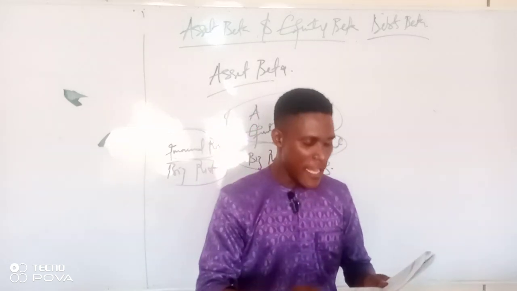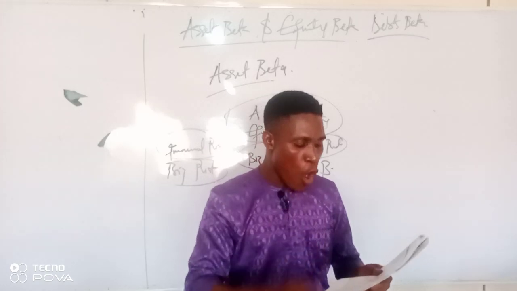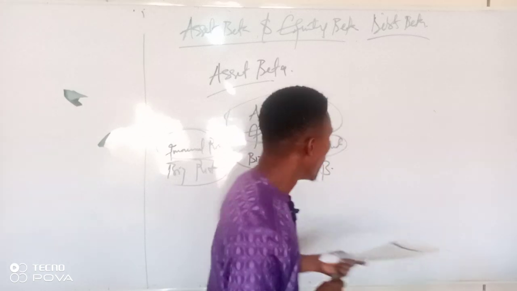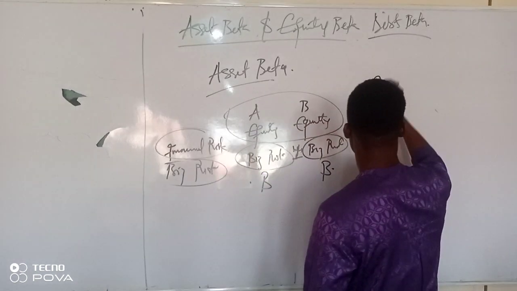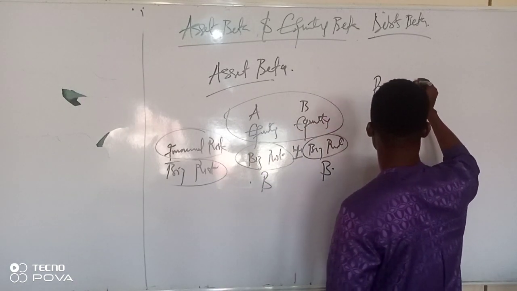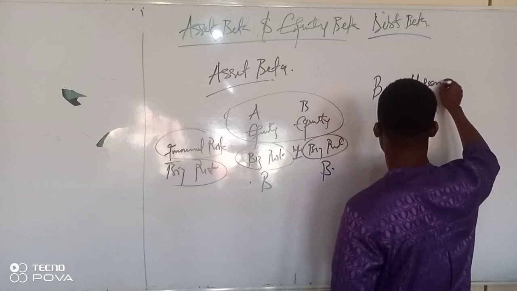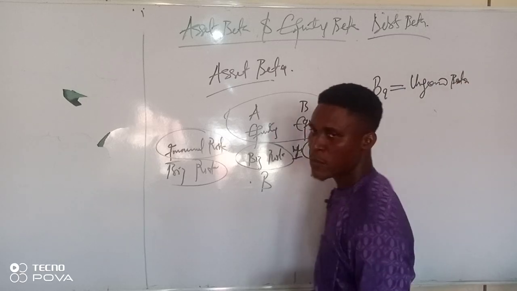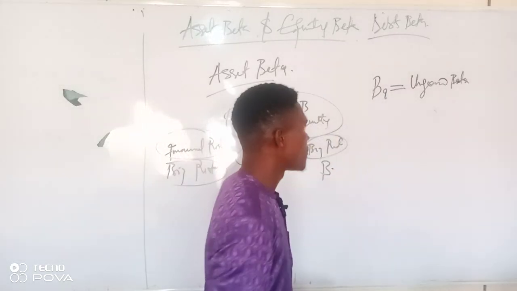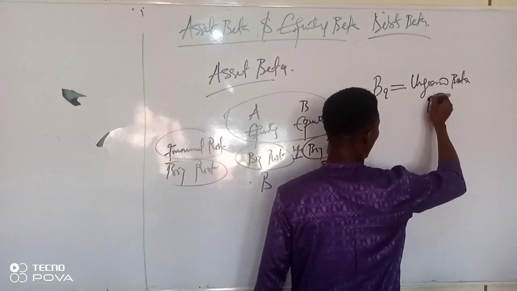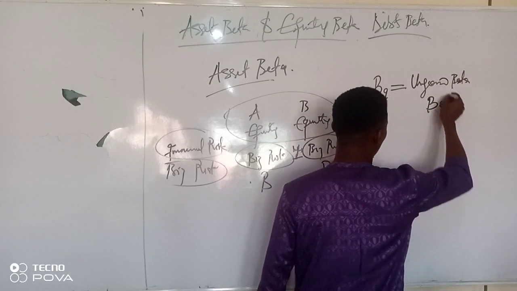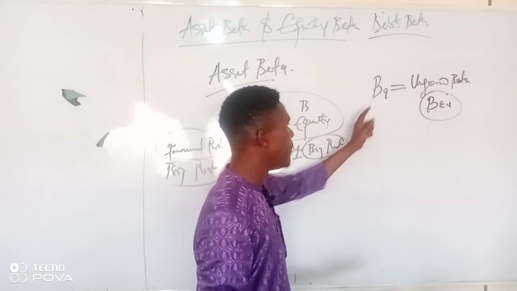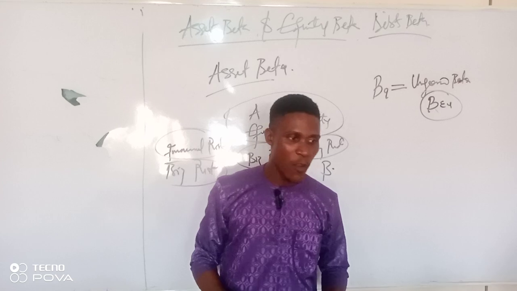An asset beta is sometimes called an ungeared beta. When I say asset beta, it also means ungeared beta. That is the beta of an ungeared company. In other words, the beta equity of an ungeared company, a company that is not geared, is the asset beta. Am I communicating?